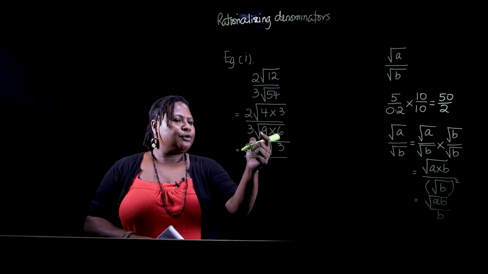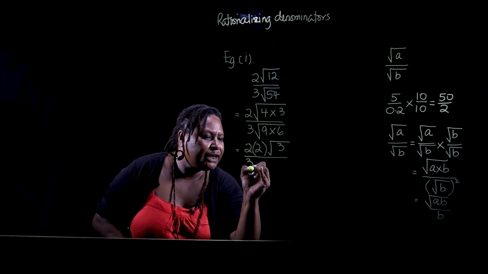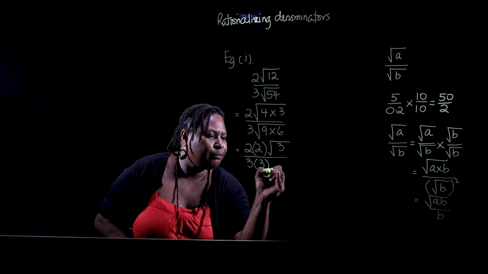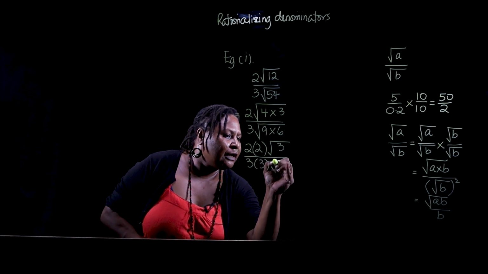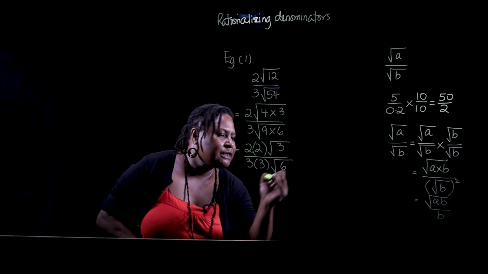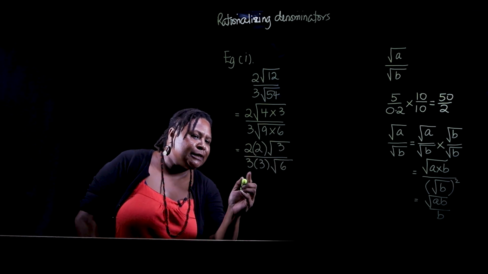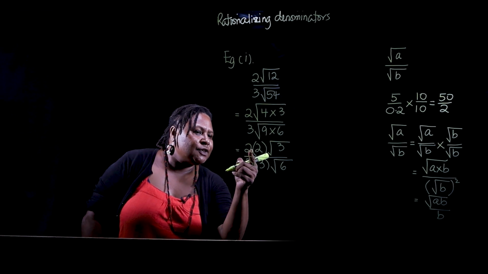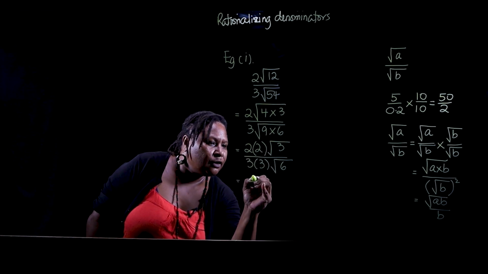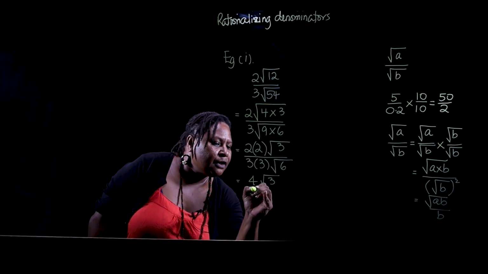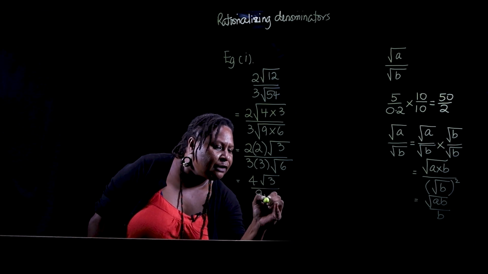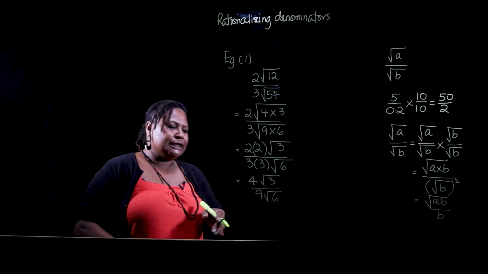Square root of 9 is 3, so we take it out and multiply by the coefficient, and we are left with 6 in the radical sign. So this is 4 root 3 divided by 9 root 6.